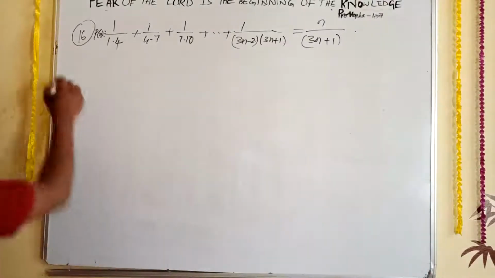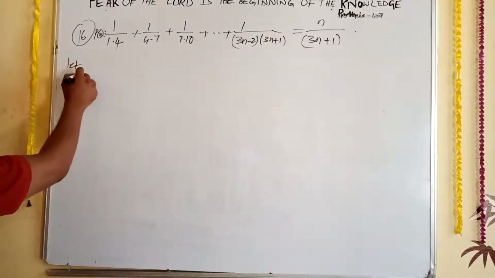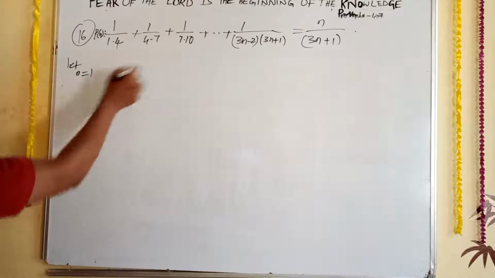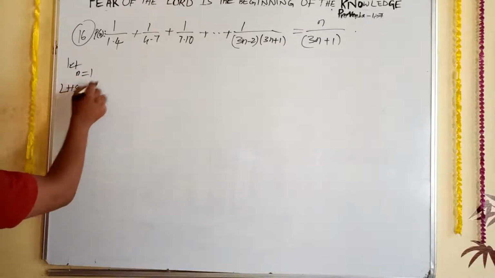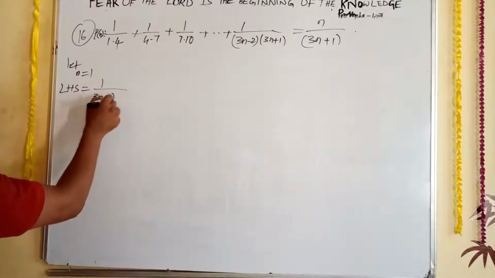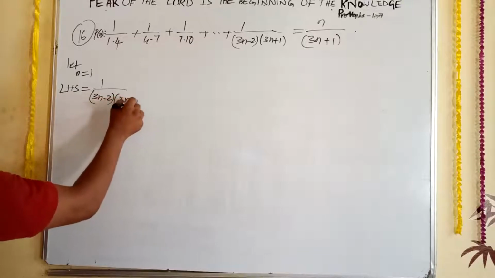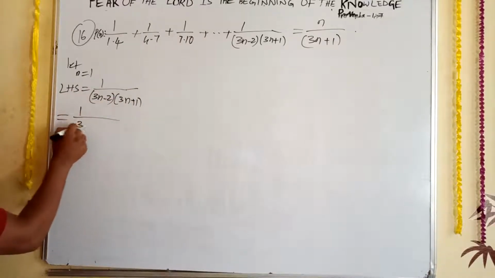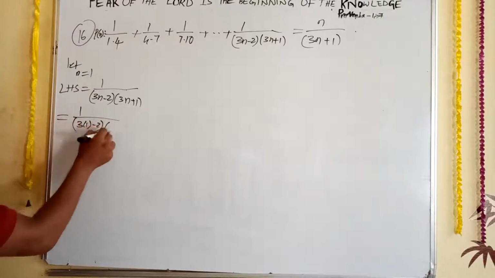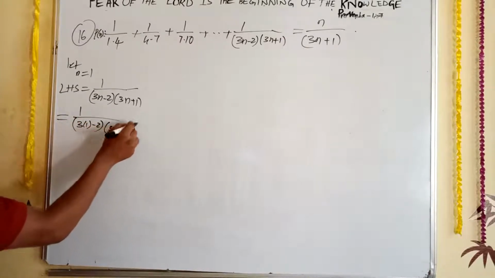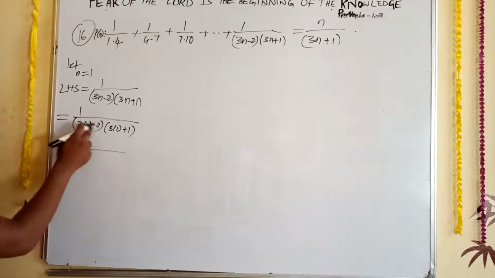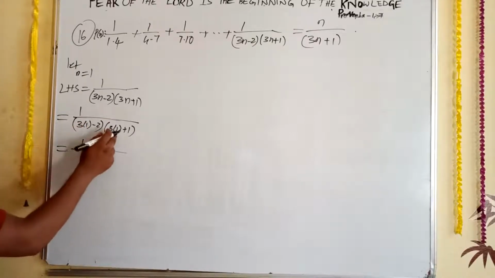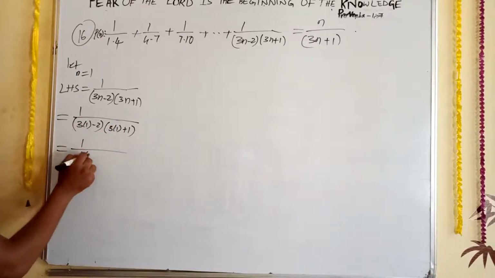Okay. So now first let n is equal to 1. First LHS is equal to 1 upon (3n minus 2)(3n plus 1). Just substitute 1 wherever n is there. So 1 upon (3 into 1 minus 2)(3 into 1 plus 1). You are going to get 1 upon 3 minus 2 is 1, and 3 plus 1 is nothing but 4.